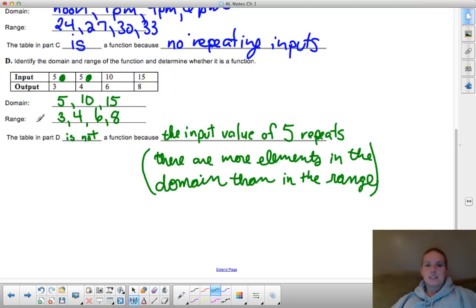The range has the values of 3, 4, 6, and 8. The table in part D is not a function because the input value of 5 repeats. Or you could also have said there are more elements in the domain than in the range. So if your domain is smaller than the range, then we have a repetition and it's not a function.